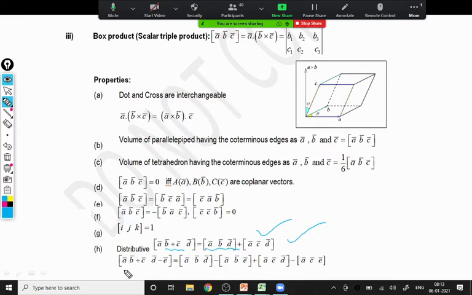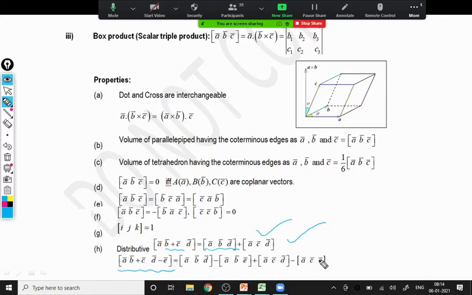Not only that, sometimes more than one vector is a sum of two terms. Here the middle term is b plus c, and the last term is d minus e. Yes, you can apply this distributive property to each term one by one and come to this answer. For example, you get a b d, then a b with minus e, then a c d and a c with minus e.